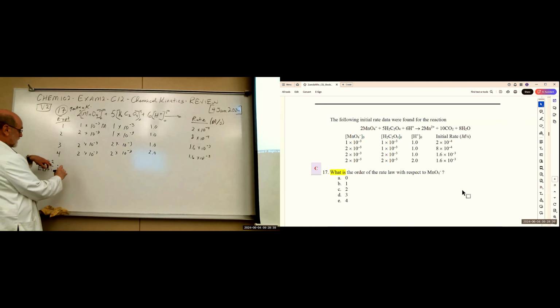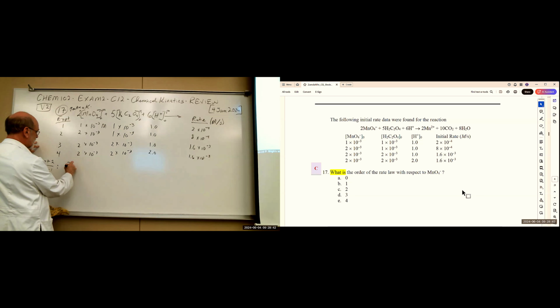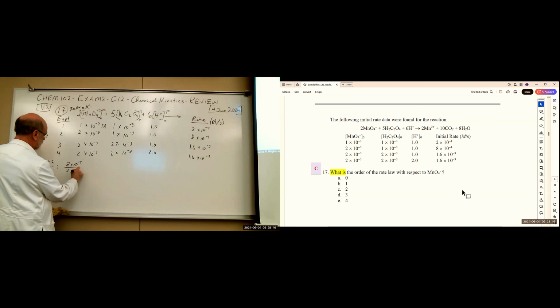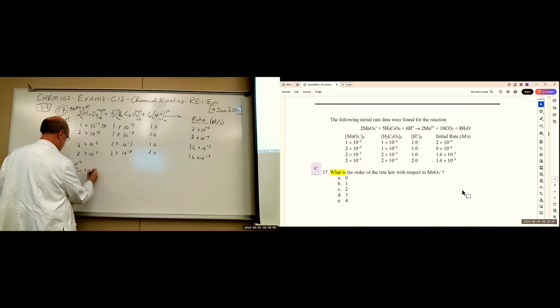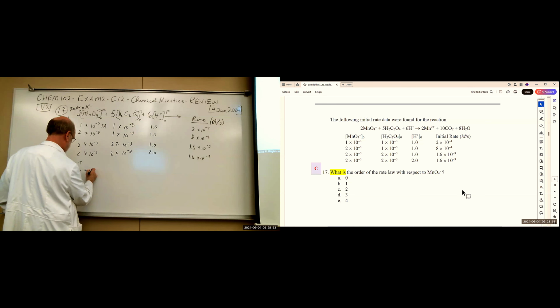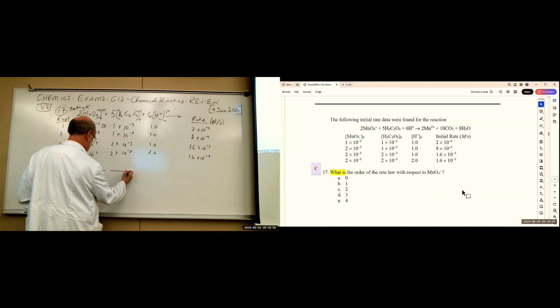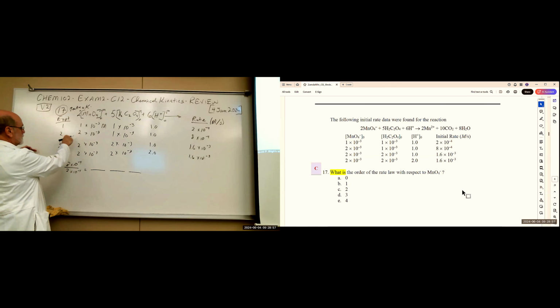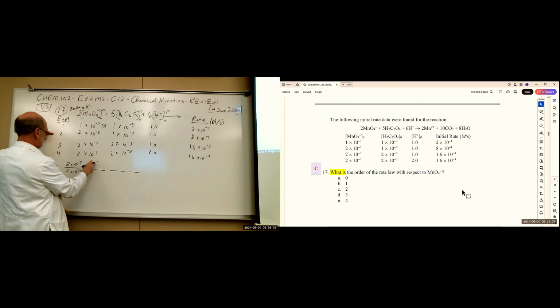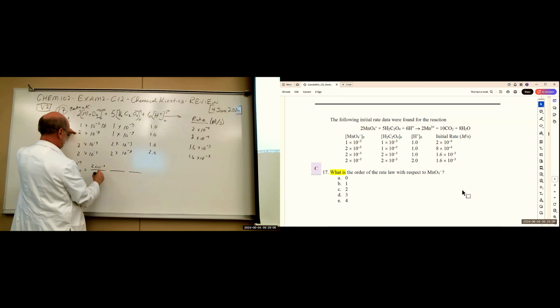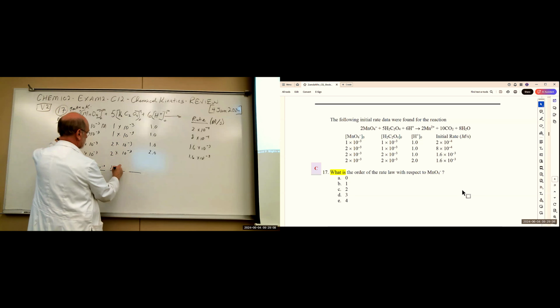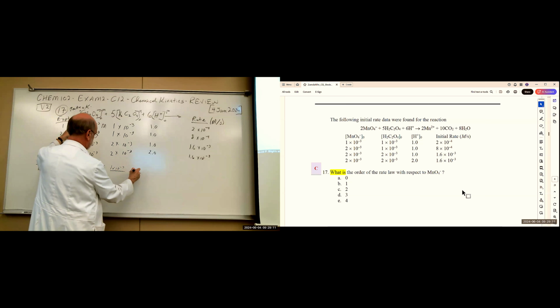What we get now is the rate 8 times 10 to the minus 4 divided by 2 times 10 to the minus 4. Units cancel. And then experiment 2 is going to be what? It's going to be the first one, 2 times 10 to the minus 3, and 1 times 10 to the minus 3 and 1.